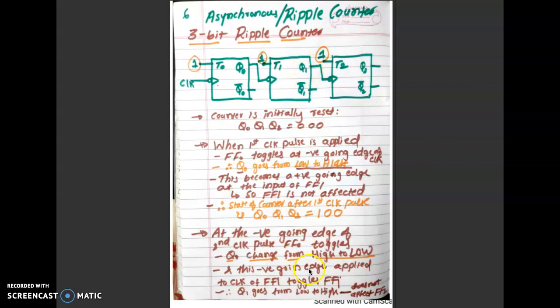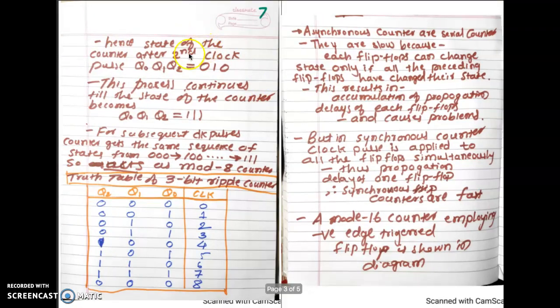So after the second clock pulse, Q0 has moved from 1 to 0, and 1 to 0 is a negative edge. It is the clock of the second flip-flop, so it toggles. Only during the negative edge of the clock does the flip-flop output toggle. Earlier it was 0, it has become 1.